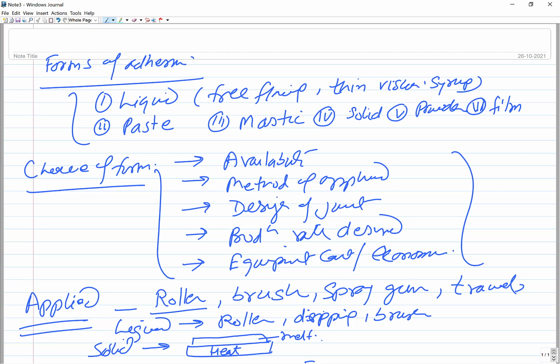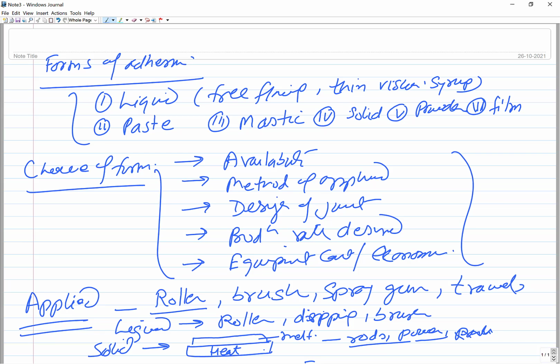The solid adhesives may be applied in the form of rods, powders, or pastes, which will be brought to the molten state.